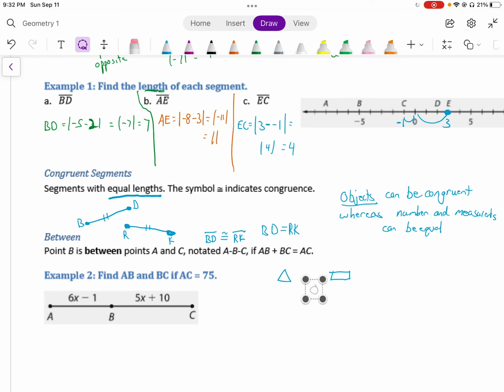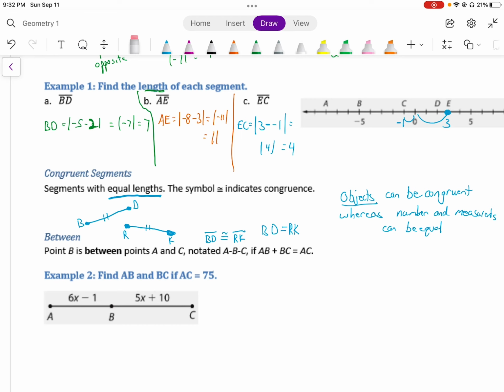In order for it to be between, it would have to lie on the same line. It doesn't have to be right in the center, just on the same line.